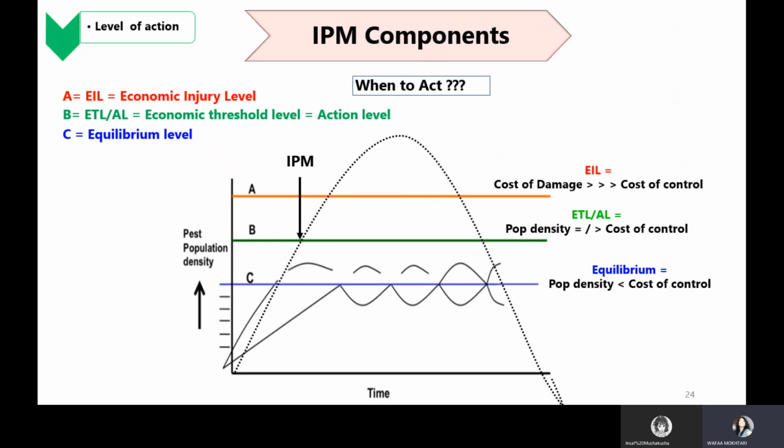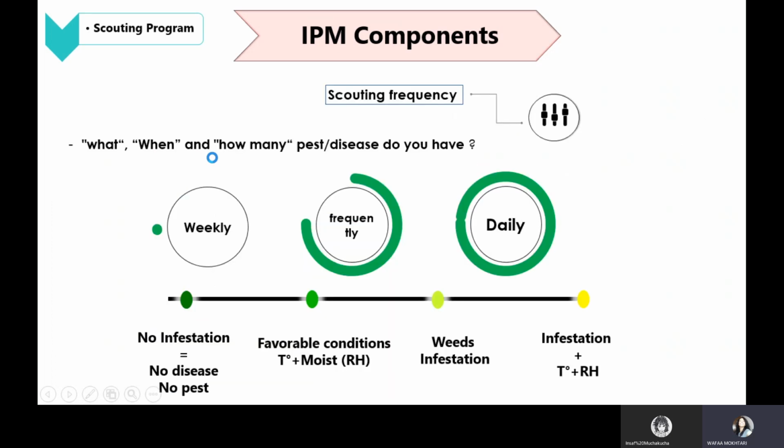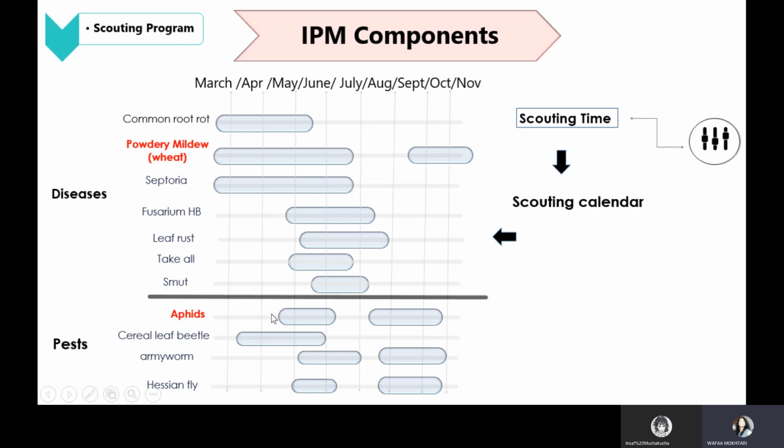This is one, as we have seen in the calendar. That is good. But what about during this time, before, for example, the powdery mildew attack, or maybe the aphids attack?